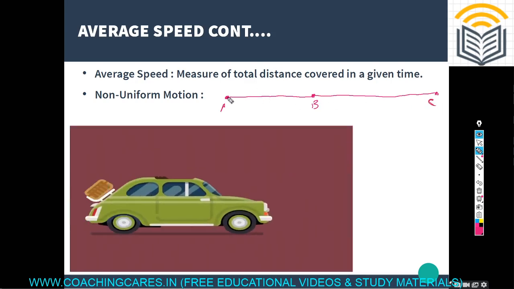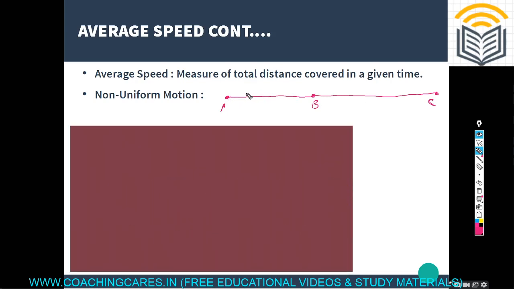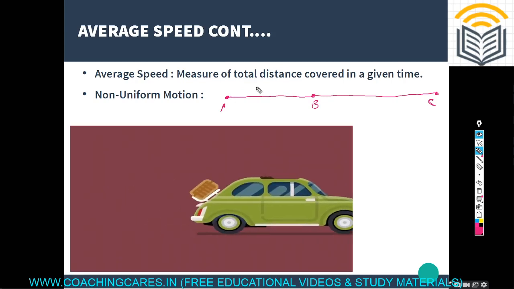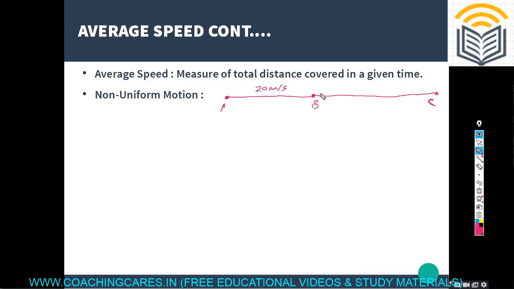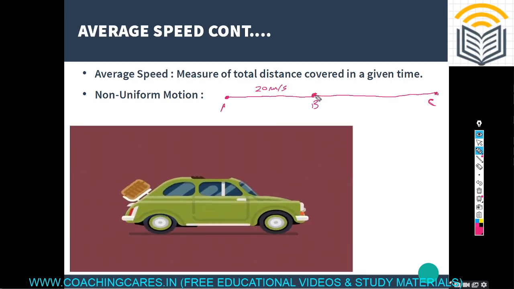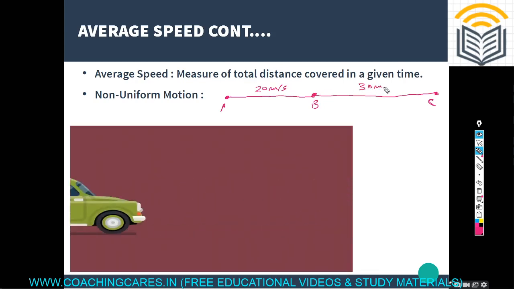Suppose the car has a speed of 20 meters per second from A to B, then from B to C the car has a speed of 30 meters per second.